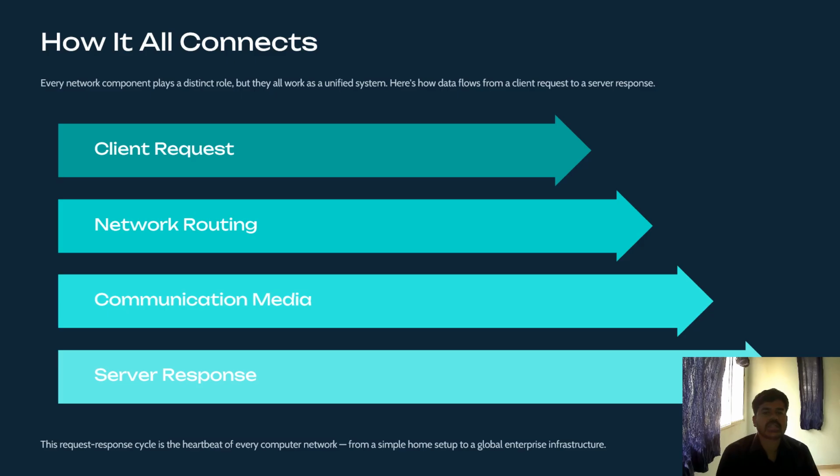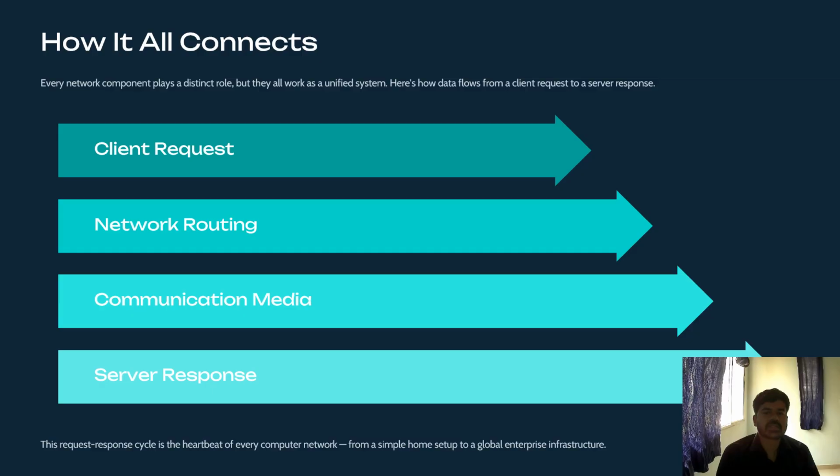This is the basic working structure of any network. Whenever you open a website on your mobile or laptop, your device acts as a client. It sends a request to server. For example, when you search on Google, your request goes to a server managed by Google.